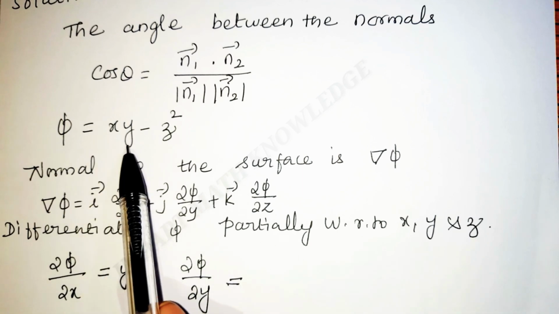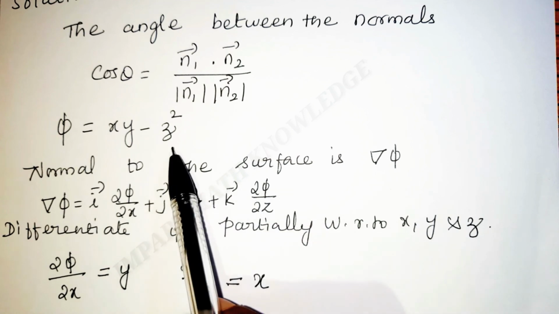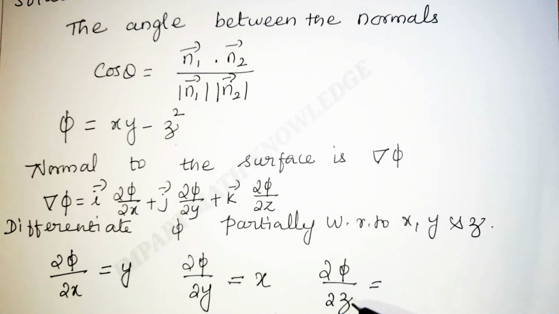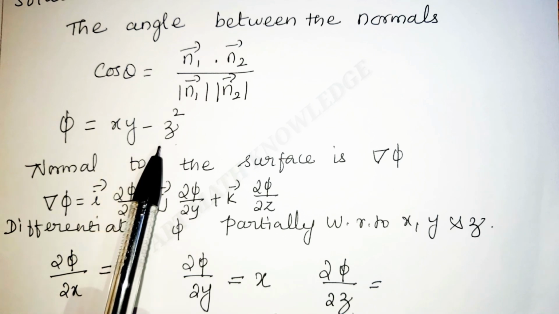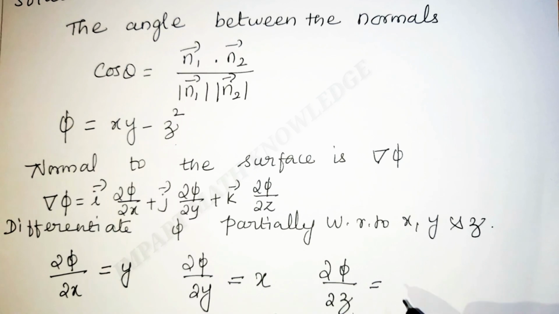First term y is there, differentiation of y is 1, so 1 into x is x. Second term is 0. Next one dou pi by dou z. First term no z, so 0. In the second term z square is there, differentiation of z square is 2z, so minus 2z.